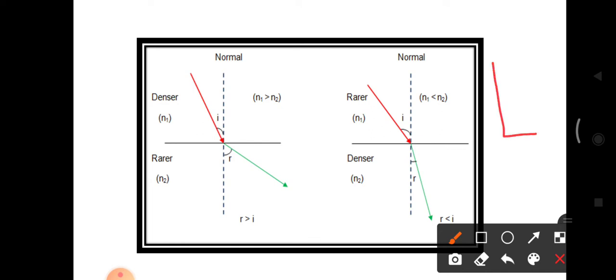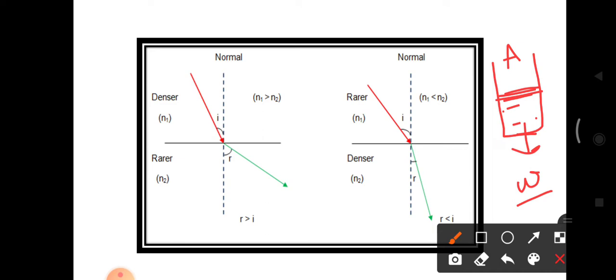If you take a beaker filled with water, this is air and this is water. The refractive index of air is less than the refractive index of water. We already learned in chapter number 10 what is meant by refractive index.